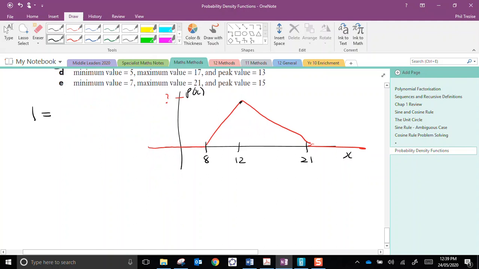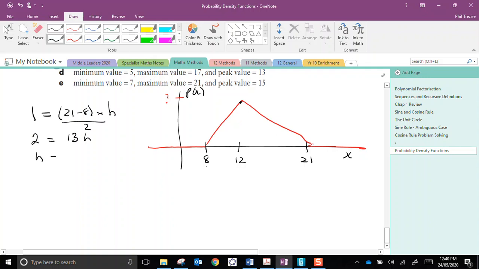The base of this triangle, 21 take 8, by the height of the triangle, I'll just label that as h, and area of a triangle, of course, is base times height over 2. What will we get here? Well, 2 times 1 is 2. 21 take 8 is 13.